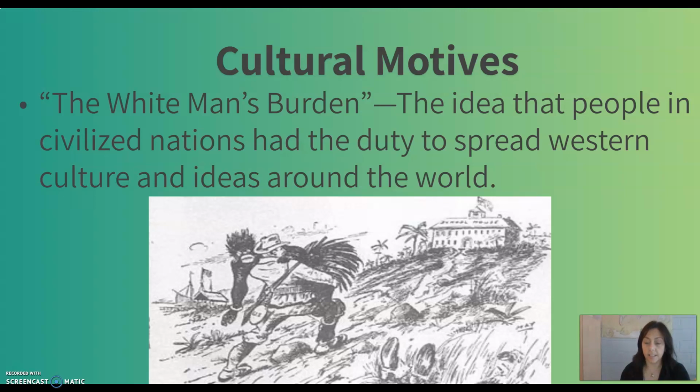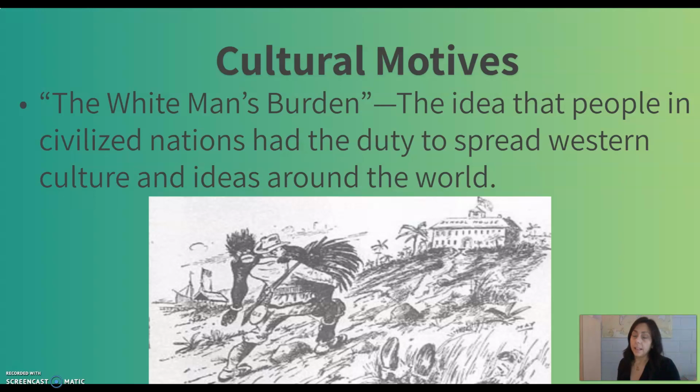period as the second or the modern or the new age of imperialism, new imperialism, because the whole idea of territories taking over other territories has been present all throughout history. But the difference is the pace at which it took place, which was really, really fast.